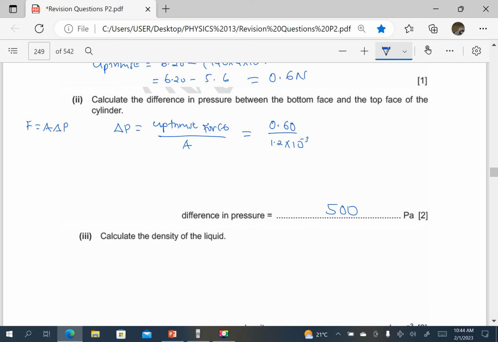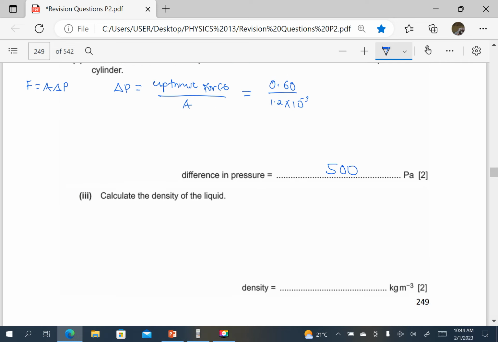Calculate the density of the liquid. We know that pressure is equal to density times g times height. So the difference in pressure depends on the difference in height. We have got the difference in pressure, so 500 is equal to the density times 9.81 times the change in h.